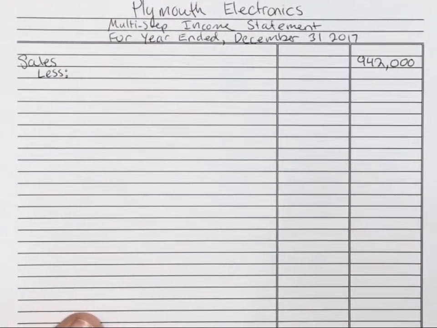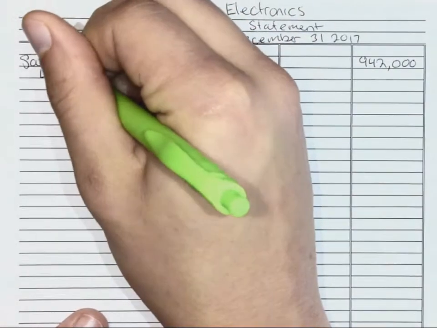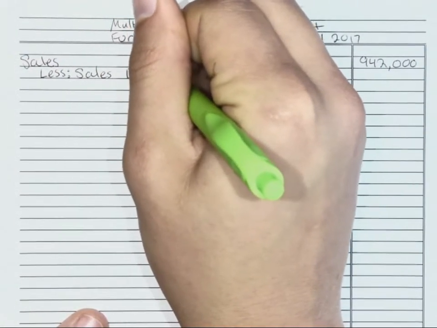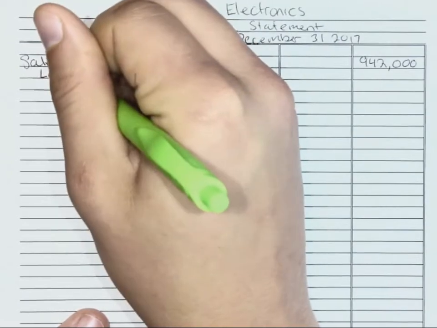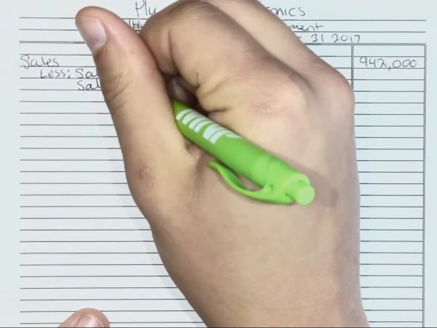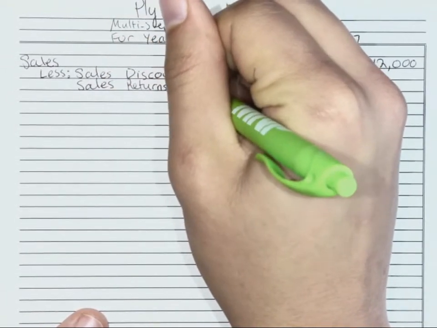What is the first contra revenue account? Sales discounts. And what is the second one? Sales returns and allowances.